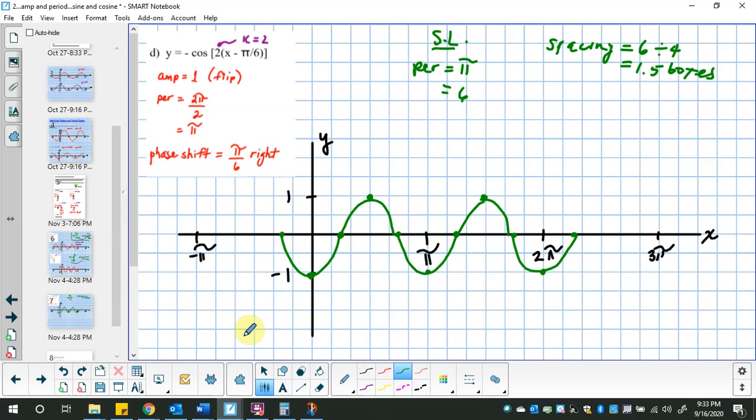So if I haven't mentioned it before, right and left is a problem. So Scribbleland again, I draw a little line to say new thought, phase shift, pi over 6 to the right. I've designated pi as 6 boxes, so I do 6 divided by 6.